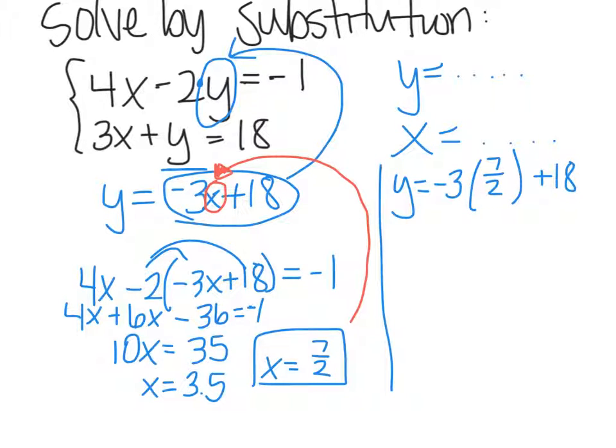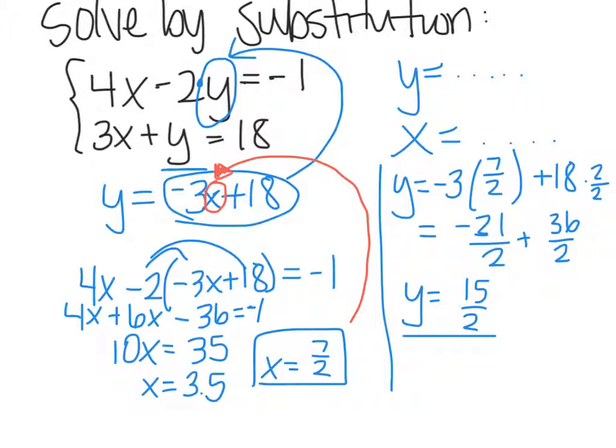Don't forget to use those parentheses around the 7/2 because we replaced the x with the 7/2. So now I see that I have negative 21/2 plus, and I notice here that I'm going to need 2 in the denominator, so I'm just going to go ahead and do that right now. So I'm going to have 36 in the numerator. That's going to leave me with y equals 15/2.